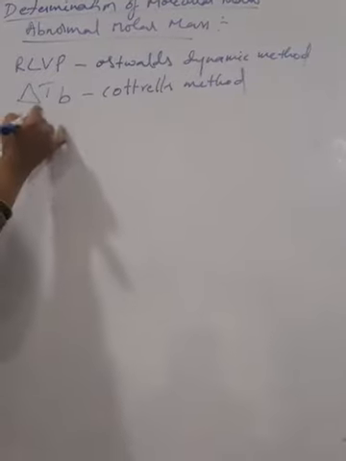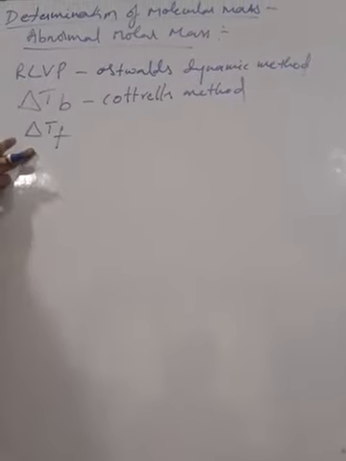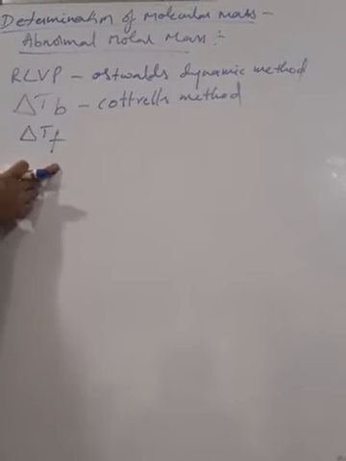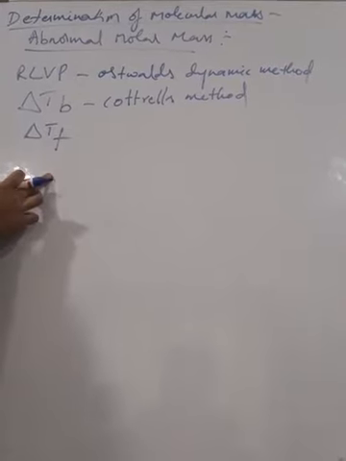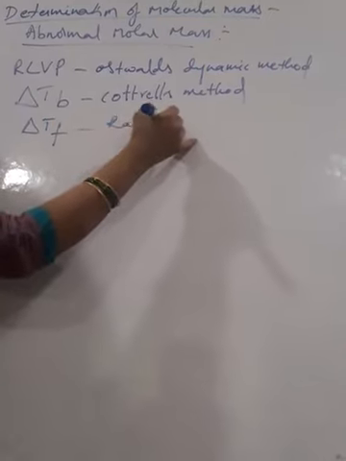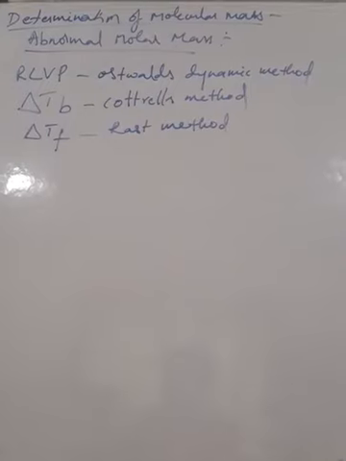Next, depression in freezing point, we use the symbol delta TF. To determine the molecular mass by using this colligative property, generally we use the Rast method for the determination of molecular mass of the solute.